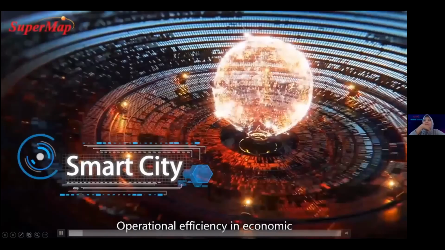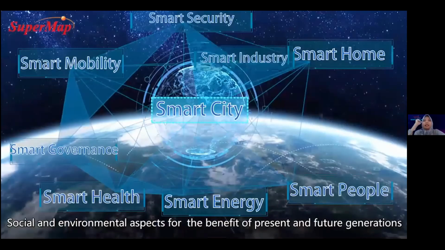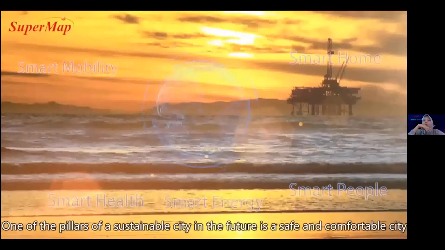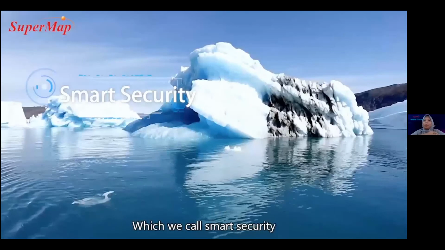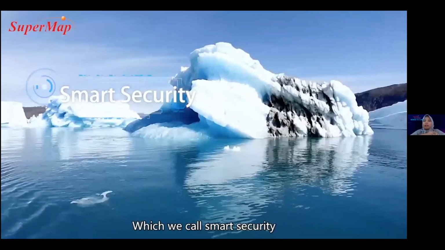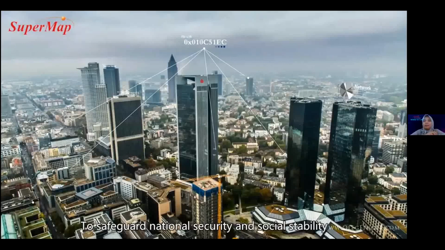We all know that smart city consists of many kinds of smart things like smart security and smart health and others. So we will discuss the smart security. This smart security aims to improve government capabilities to protect security and social stability, as well as to promote economic and social comprehensive, coordinated and also sustainable development.